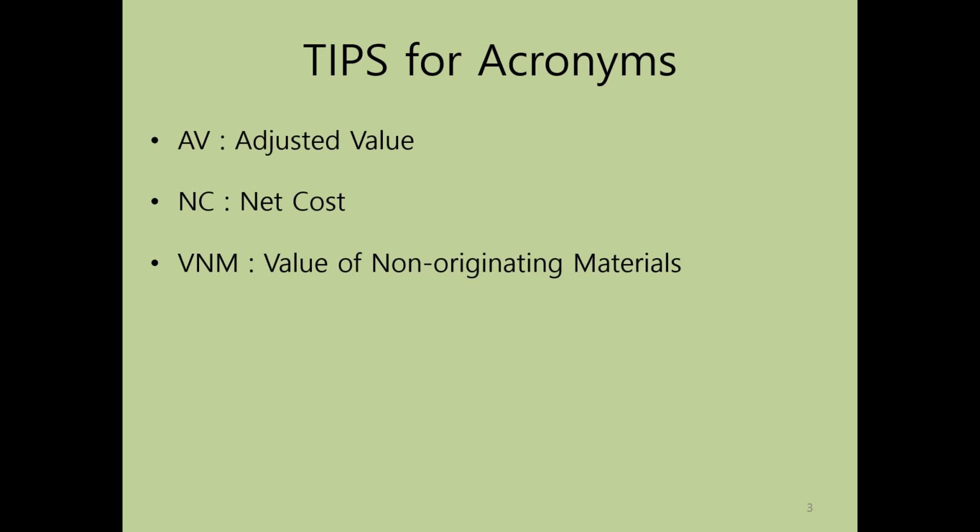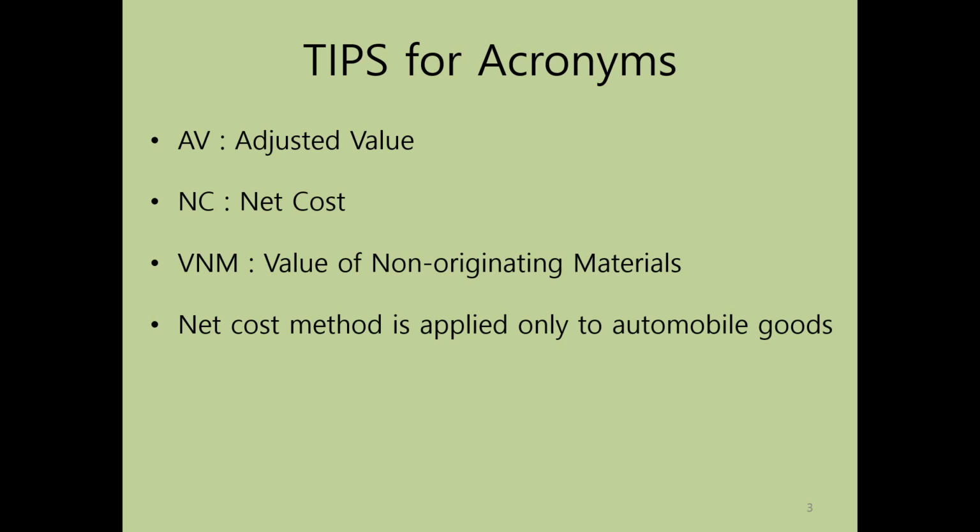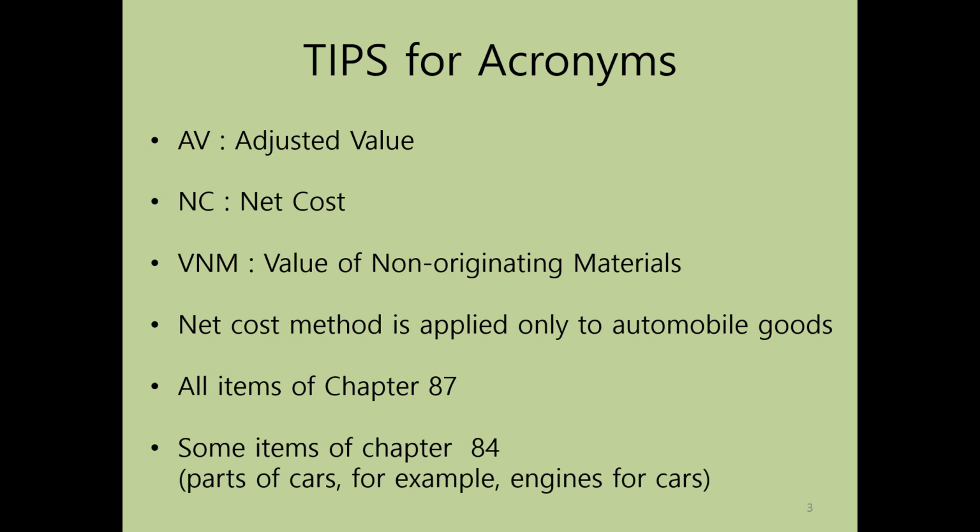By the way, net cost method is applied only to automobile goods, which includes all items of HS Code Chapter 87 and some items of Chapter 84, specifically parts of cars, for example, engines for cars, and so on.